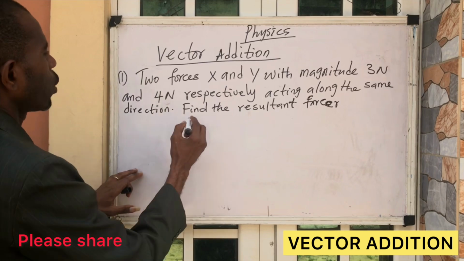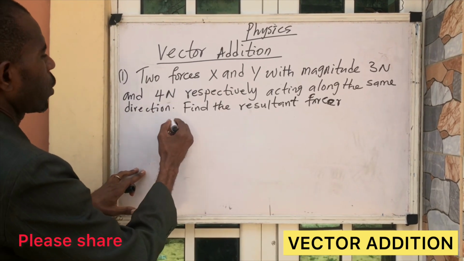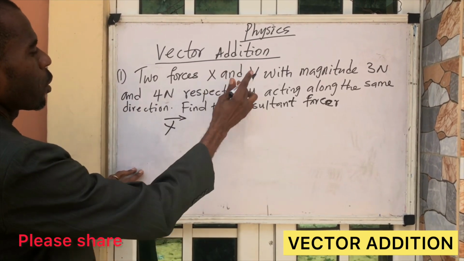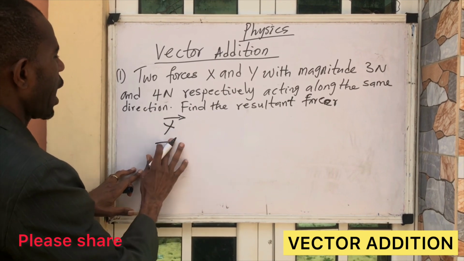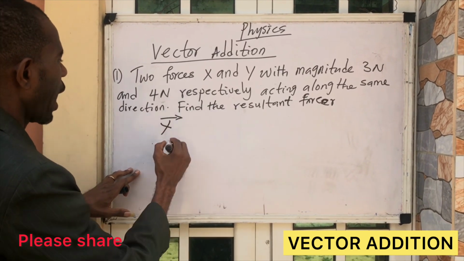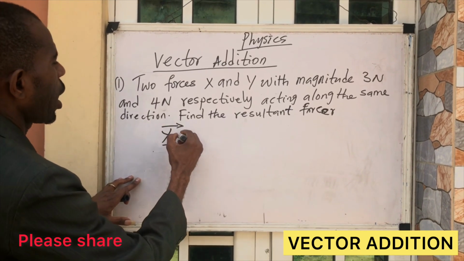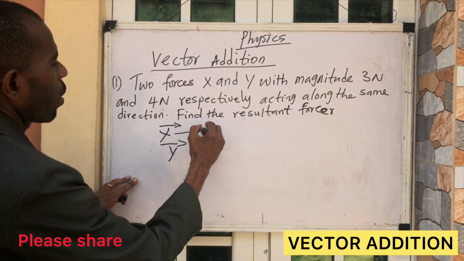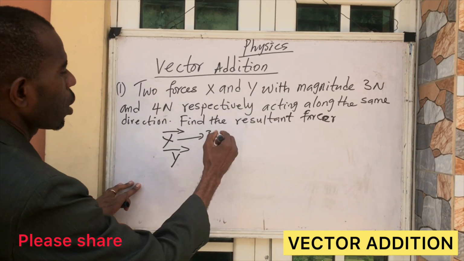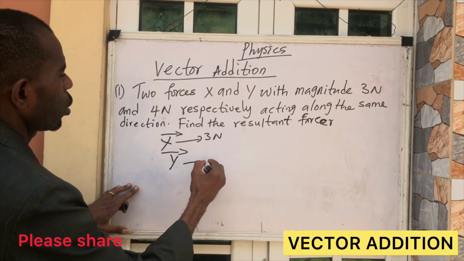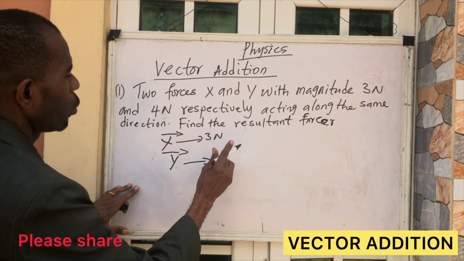Now look at this one. Solution. We have vector X and vector Y acting on a body along the same direction. The value of this one is 3 Newton, and this one is 4 Newton.